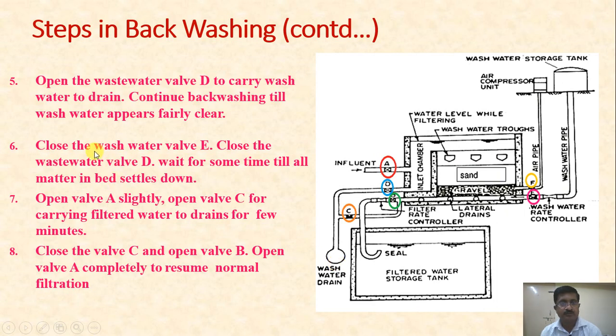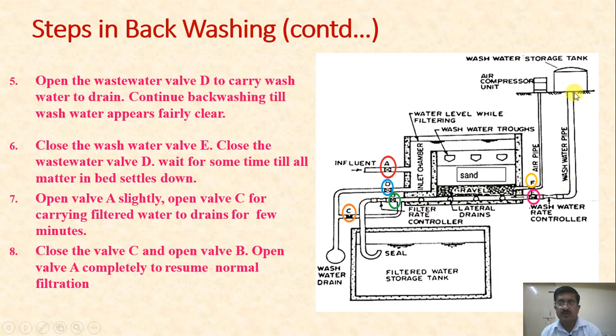Close the wash water valve E. Close the wastewater valve D. Wait for some time till all matter in the bed settles down. Now again what will we have to do? Close wash water valve E. So where is valve E? You can see this.